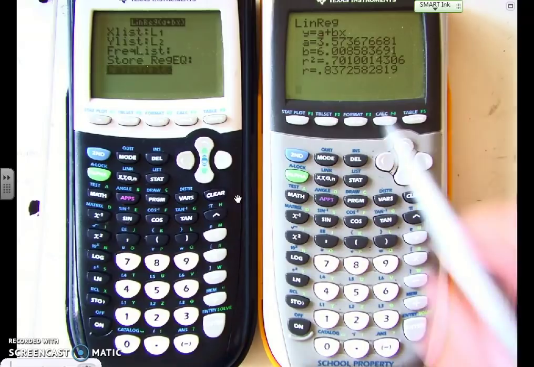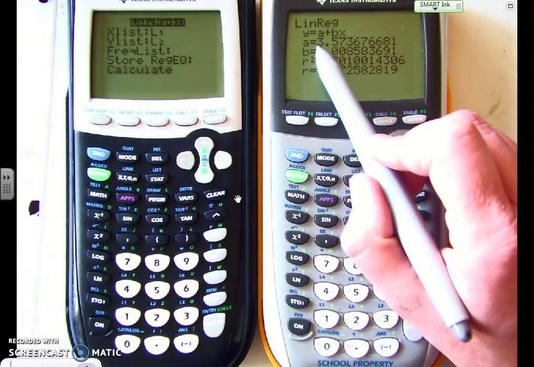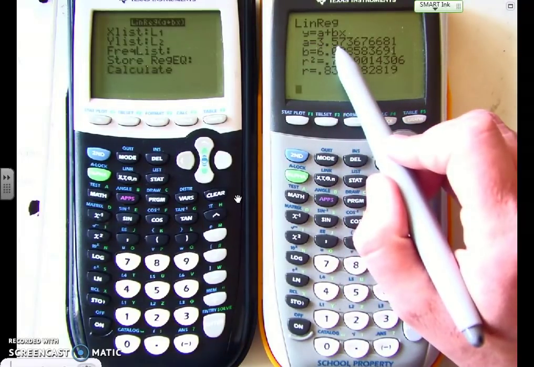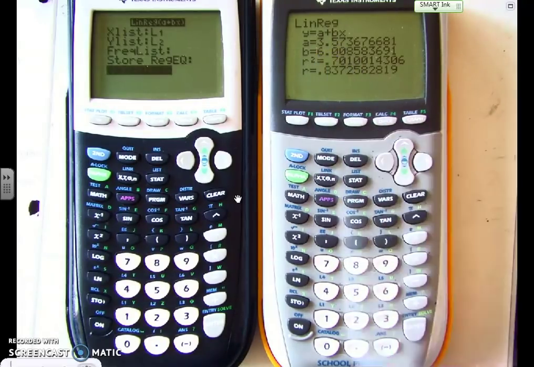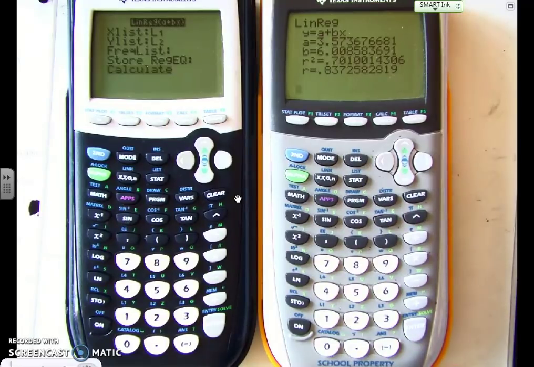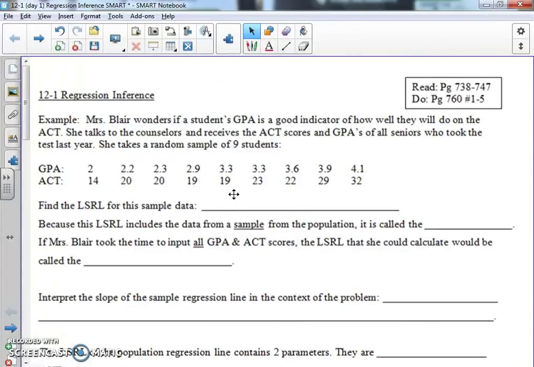So as you can see here, it tells you the a, which if you remember is the y-intercept. The b is the slope. Those are the 2 main pieces of information I need. So I'm going to switch back to my other screen now, and let's write down the equation for the least squares regression line.